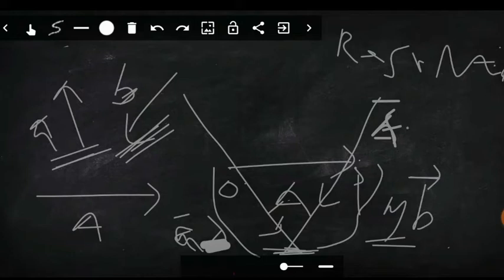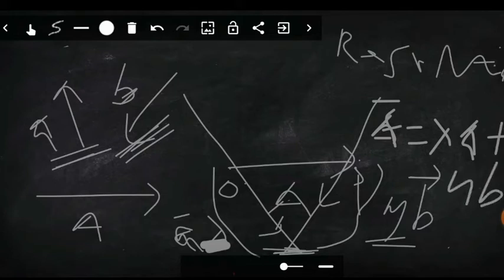In terms of this vector a, we have to express it as lambda a plus mu b. That is the new representation of this vector. It can be expressed as lambda a plus mu b.